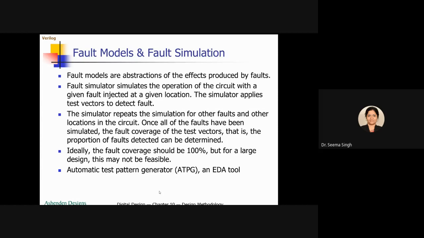If my system is capable of producing 100 types of fault, and I am able to model and simulate the fault only for 60% of it, that means I have not made a good design for test. Ideally the fault coverage should be 100%. It is not feasible, but we should try the best possible without complicating the circuit just for testability. We also have an automatic test pattern generator, an automated tool used for this purpose.